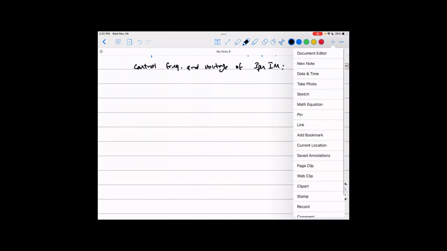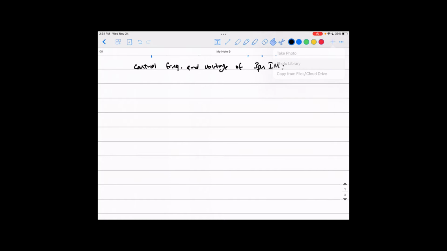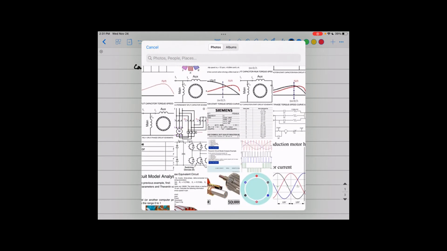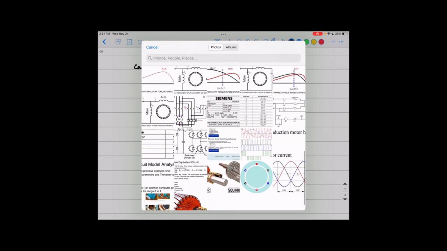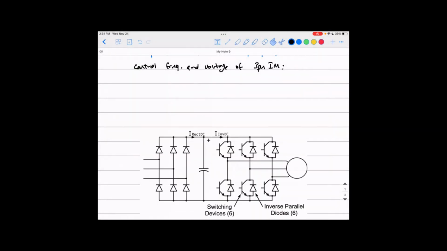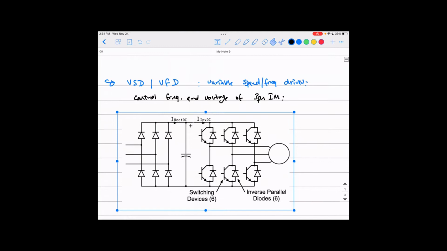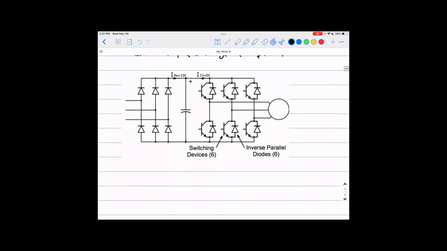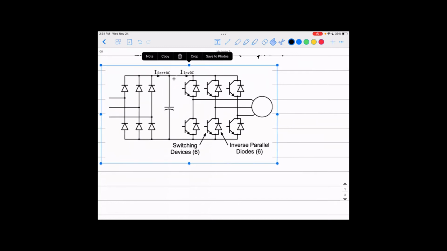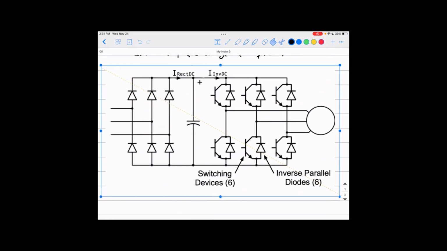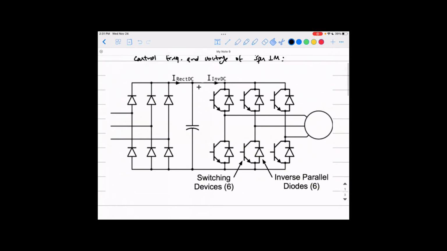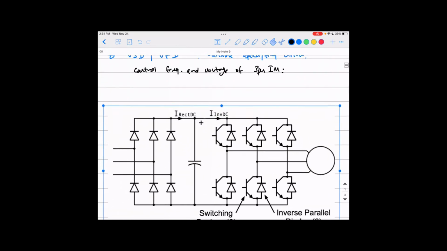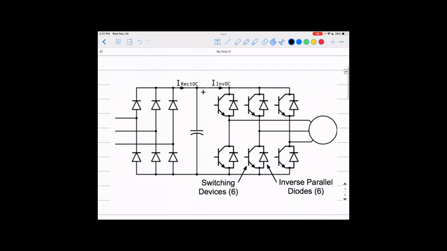So let me show you a schematic diagram of this kind of variable speed drive, and this should look like that if you look at any textbook.